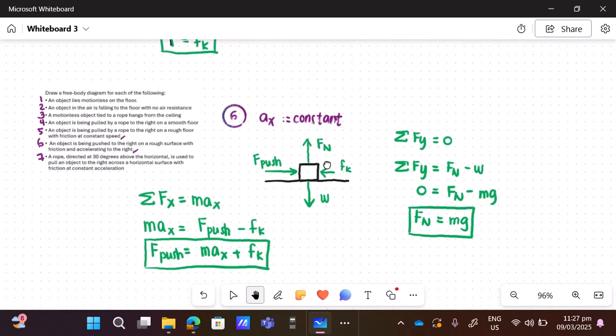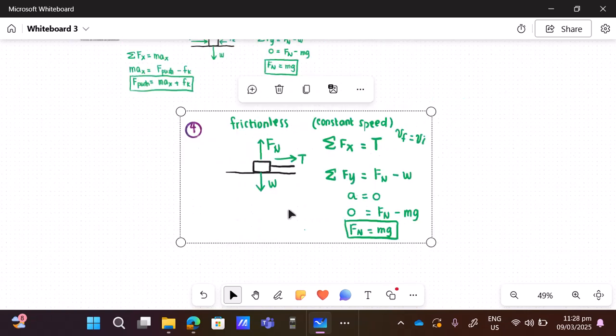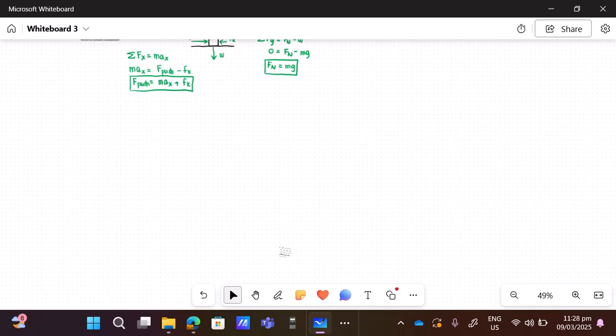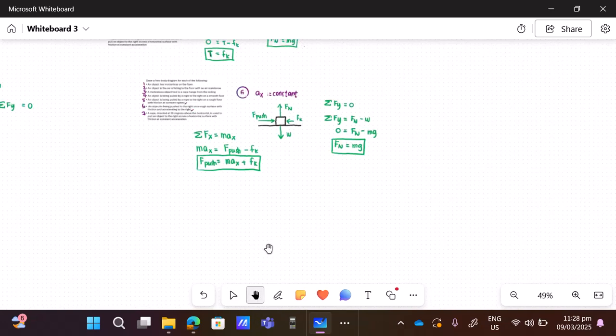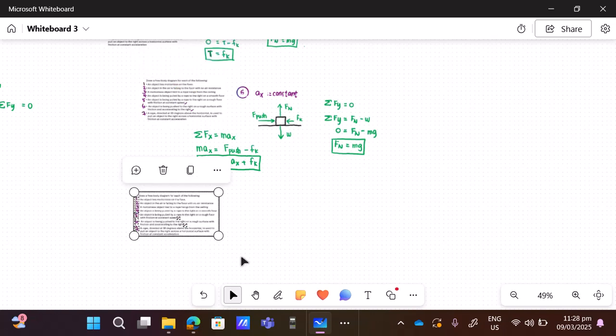Okay, so let's proceed to number 7, just one of the last examples for this part. All we dealt with in the previous examples are vertical and horizontal.